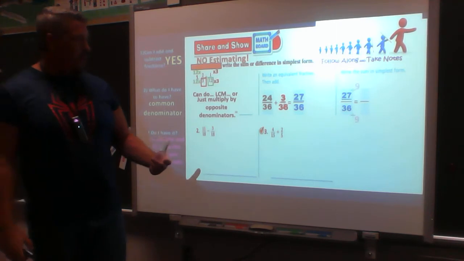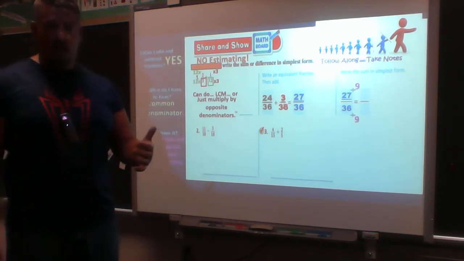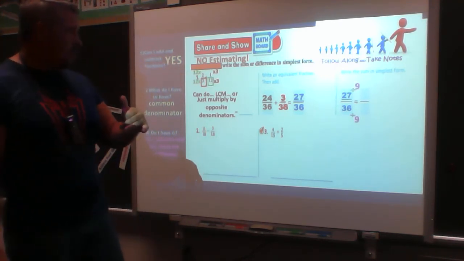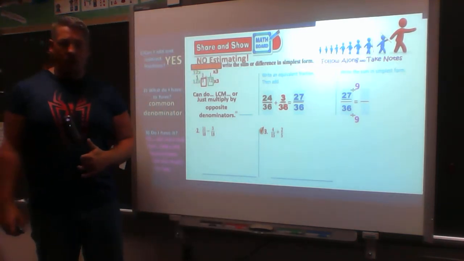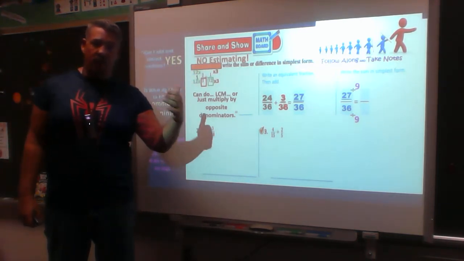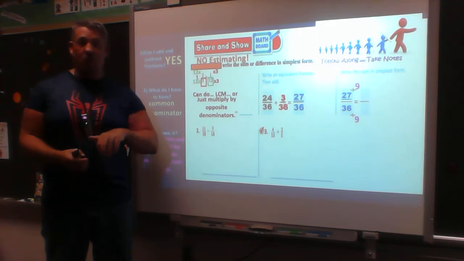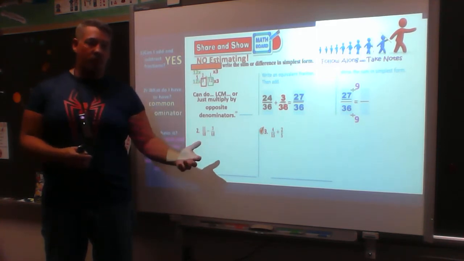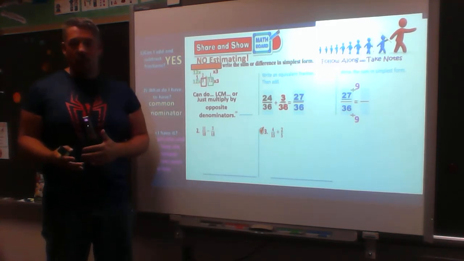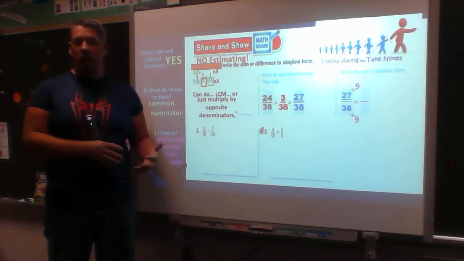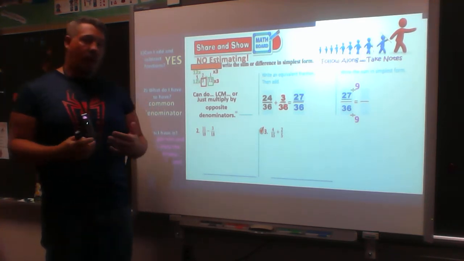So if I reduce by 3, once again, dividing by the same number. Well, then I'm going to get into a situation where I can reduce again. So on the previous lesson, I showed you how you can divide in multiple steps. But some people like to just divide by the largest number they can when they reduce. Well, 9 will go into both of them.